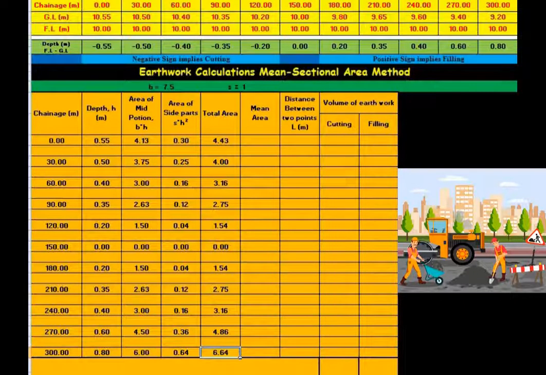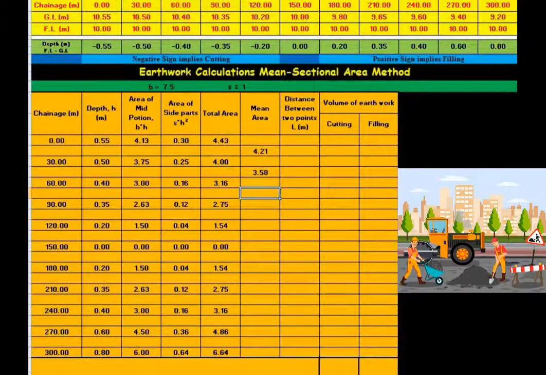Now we need to calculate the mean area. The mean area is the sum of two areas divided by 2, the average of two areas. It is 4.43 plus 4 divided by 2. So the mean area between station 0 and 30 is 4.21. Then the mean area between 30 meter and 60 meter is 3.58, and so on.